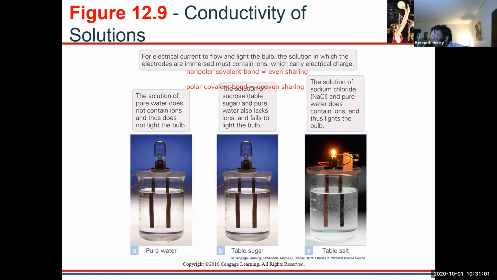So if your water conducts electricity, you have way too many minerals in it. That means you have those ions floating around in it. Of course, we need a little bit, but we don't need as much as is in some of the waters that we have.